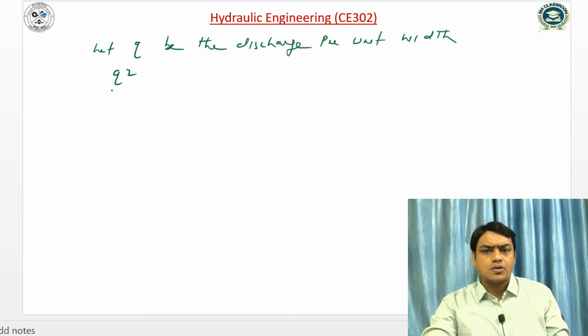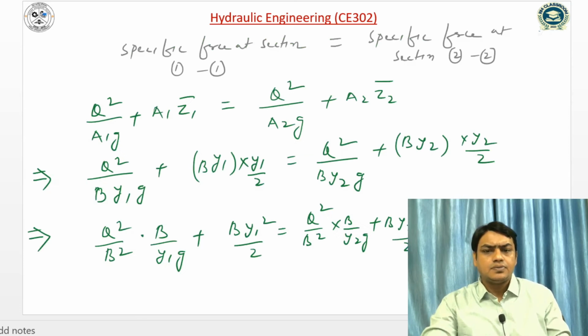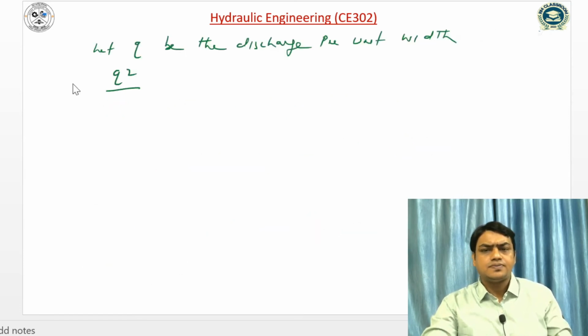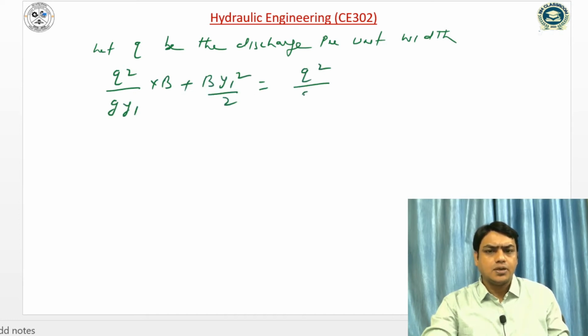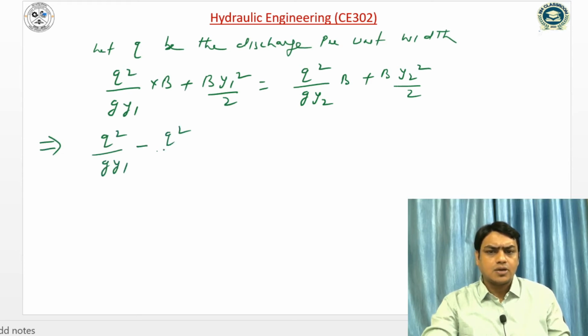So small q square divided by g y1 into b plus b into y1 square by 2 is equal to q square by g y2 into b plus b into y2 square by 2. b cancels, so we can write q square by g y1 minus q square by g y2 is equal to y2 square by 2 minus y1 square by 2.